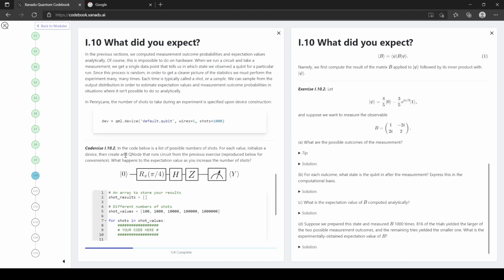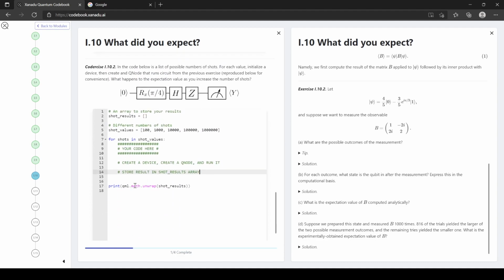Wow. qml.math.unwrap. That's wild. Okay. Oh, I see. I thought it was calling some function. Never mind. That's not that interesting.